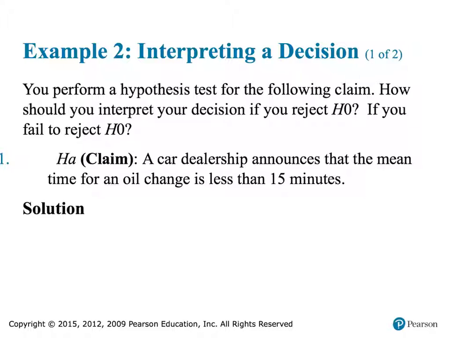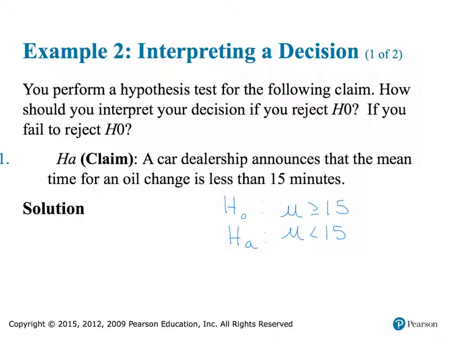So back to the car dealership example. If a car dealership announces that the mean time for an oil change is less than 15 minutes, then we said that less than 15 minutes belongs in the Ha. The complement of that in this case would be greater than or equal to 15 minutes, and the statement of equality always belongs in the Ho.